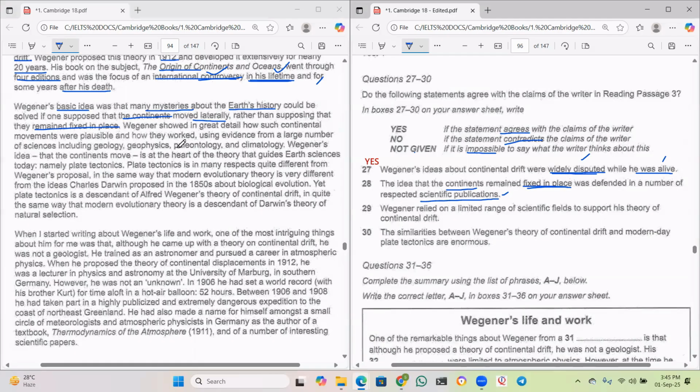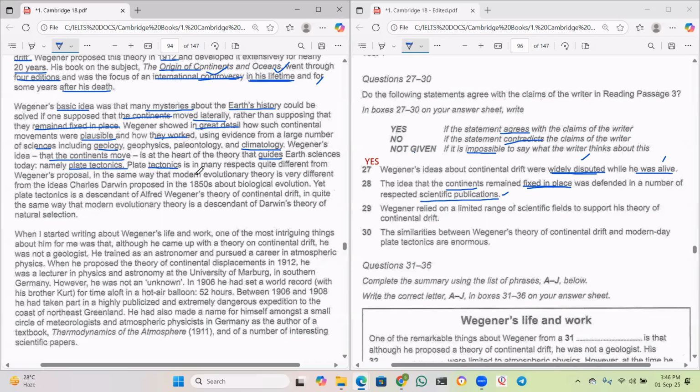Let's read further. Wegener showed in great detail how such continental movements were plausible and how they worked, using evidence from a large number of sciences, including geology, geophysics, paleontology, and climatology. Wegener's idea that the continents move is at the heart of the theory that guides earth sciences today, namely plate tectonics.